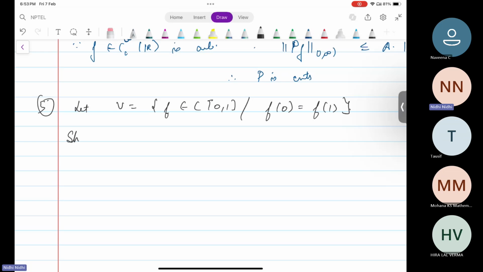Show that V is closed in C01 with the sup norm.